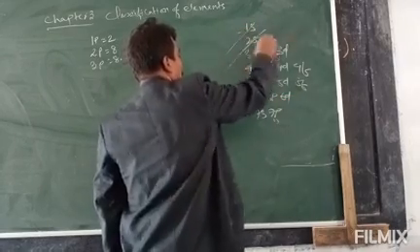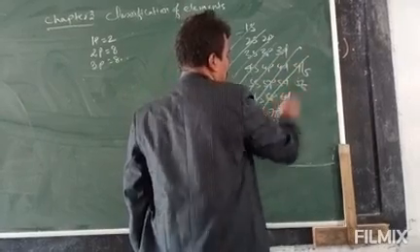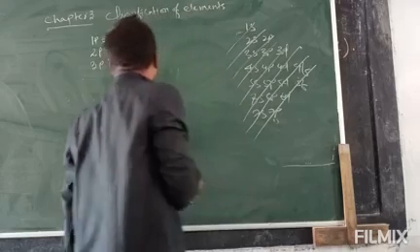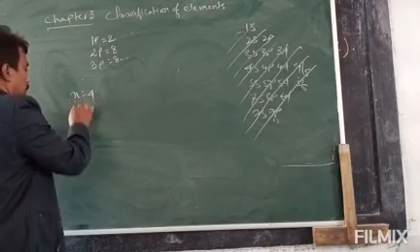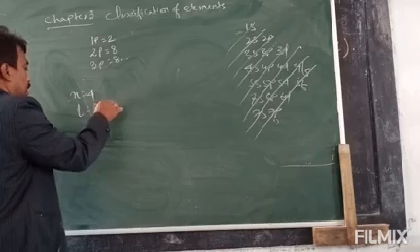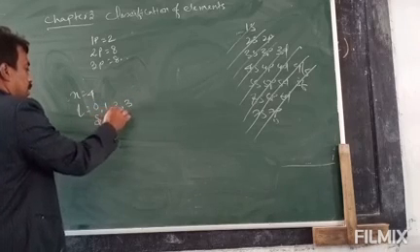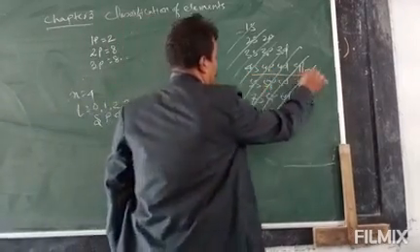According to Aufbau's principle, the orbitals in one line have the same value of n plus l. Here we have taken n equal to 4, so l becomes 0, 1, 2, 3, that means s, p, d, f. That is why we have written up to 4f.